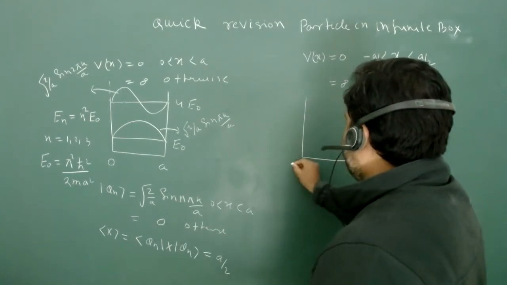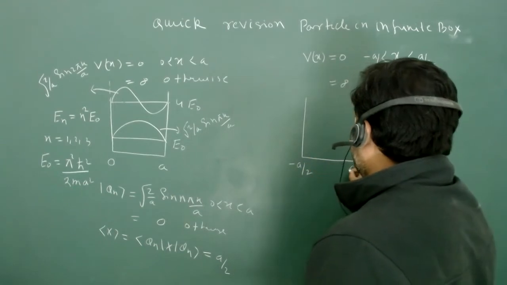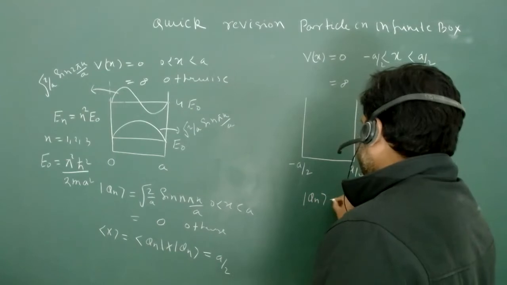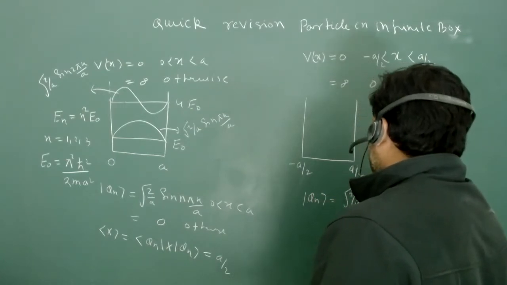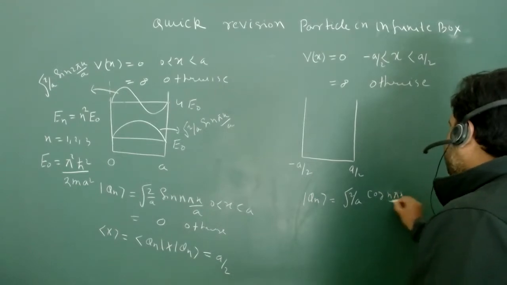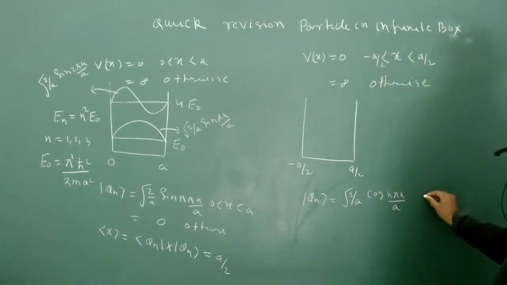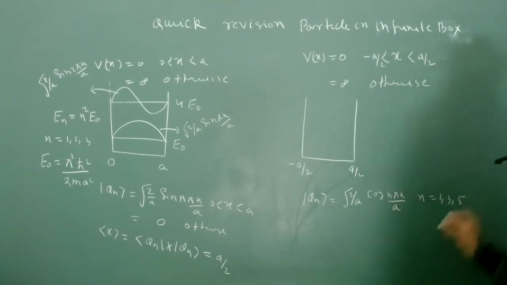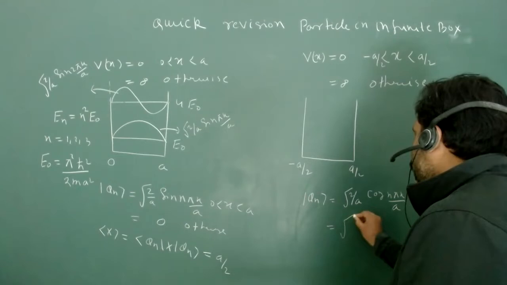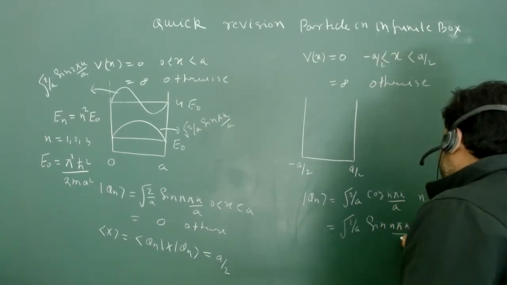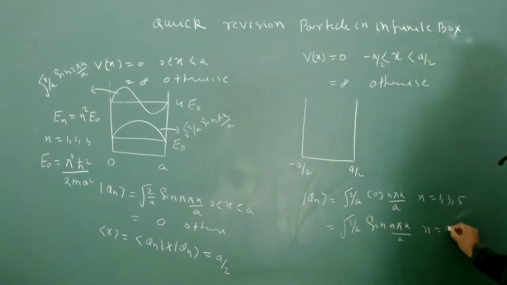Here the energy eigenstate phi n has two types: root 2 upon a cos n pi x upon a when n is equal to 1, 3, 5 and so on, and root 2 upon a sine n pi x upon a when n is equal to 2, 4, 6 and so on.